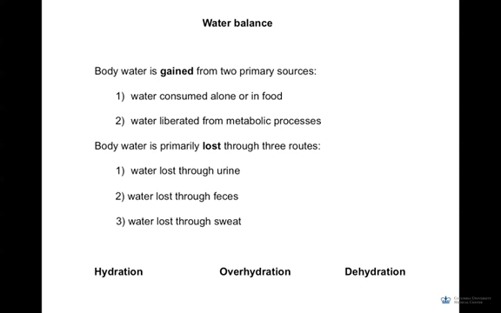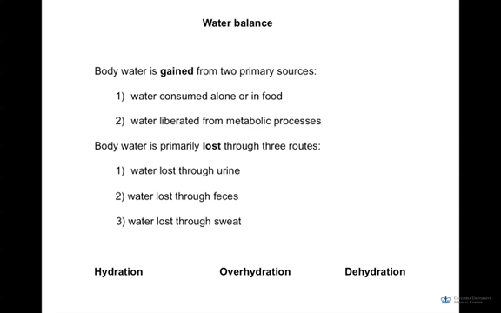So we maintain water balance, similar to sodium balance, by balancing the sources of water gain with the sources of water loss. Okay? So by maintaining equality between the gains and losses, we keep our overall pool of water at the same level.